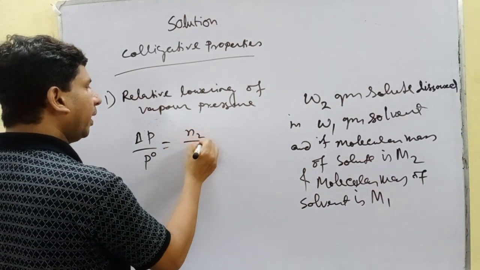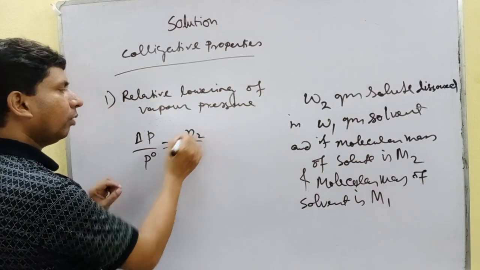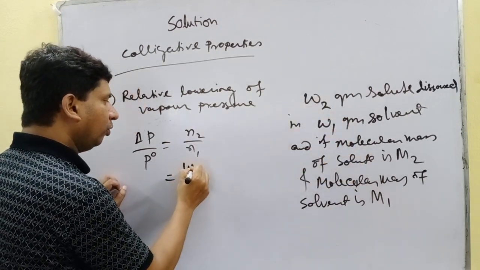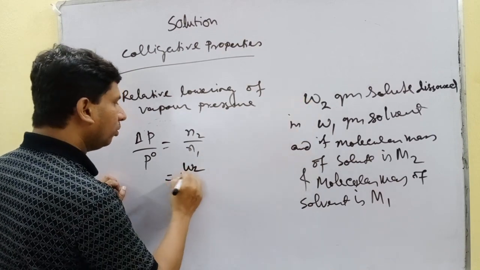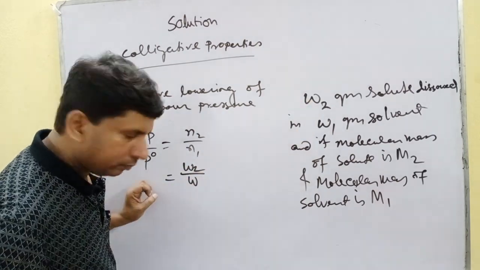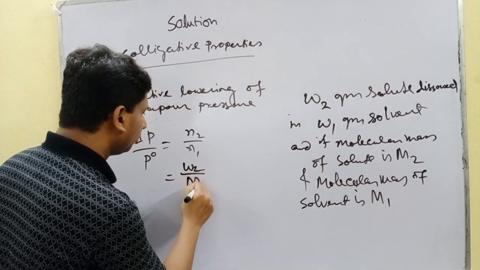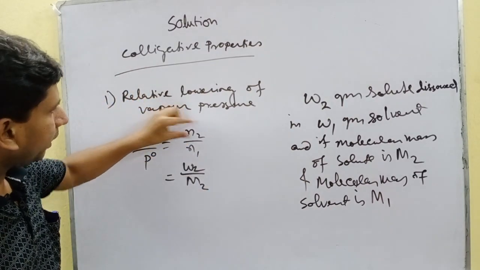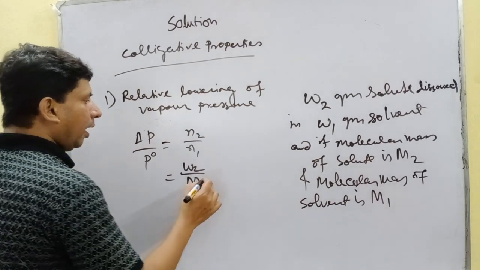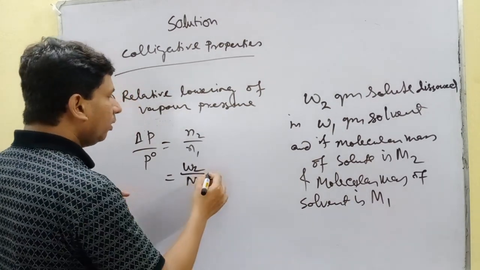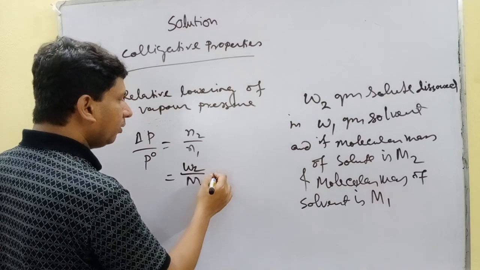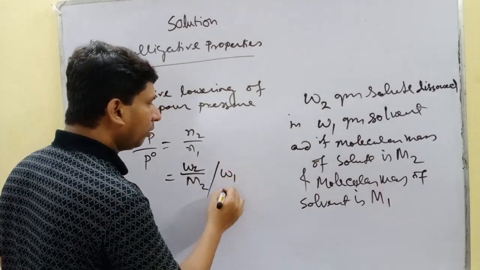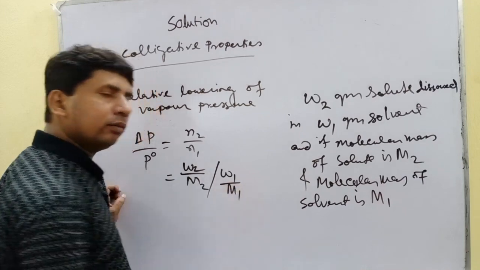So n2 by n1 equals, what is n2? n2 is W2 by M2. So this is the number of moles of solute, that is n2, divided by n1, which means W1 by M1.